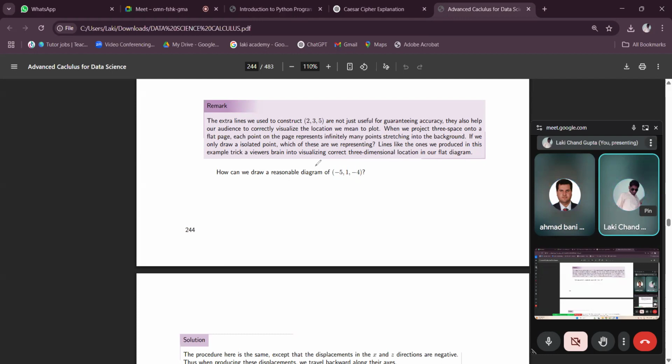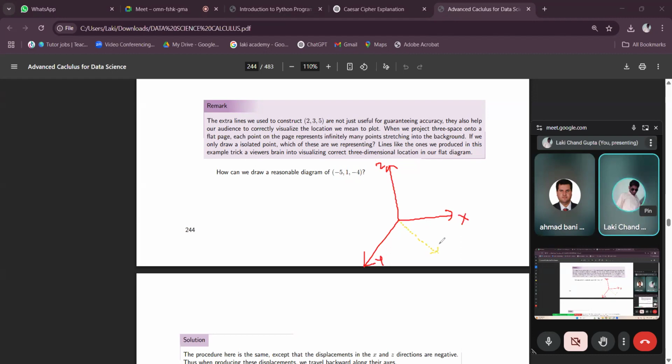See, how can we draw a reasonable diagram of this point? First of all, draw three coordinates. This is the x-axis, this is the y-axis, and this is the z-axis. You can see there is always a negative direction.